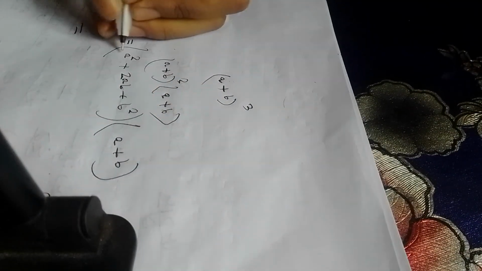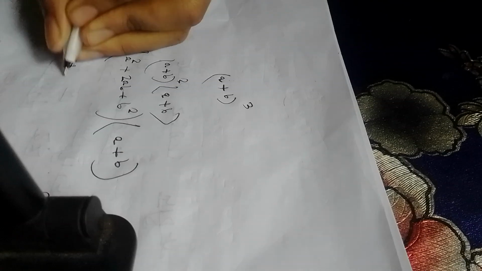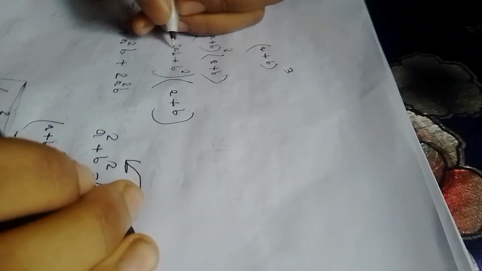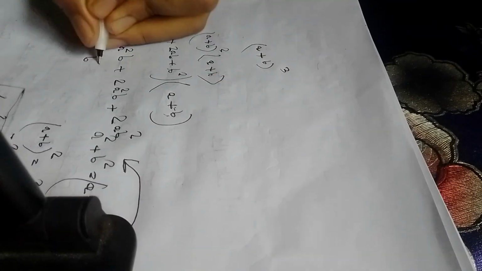Okay, and then we multiply: a cube, a square b, 2ab, 2a square b, and then 2ab into b, plus b square a, and then b square into b will always equal b cube. I hope you never forget this, because it will always create problems.